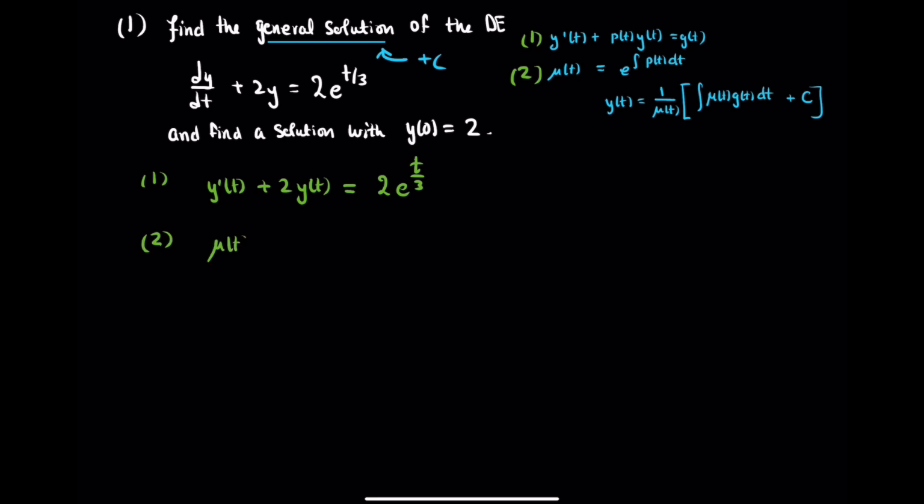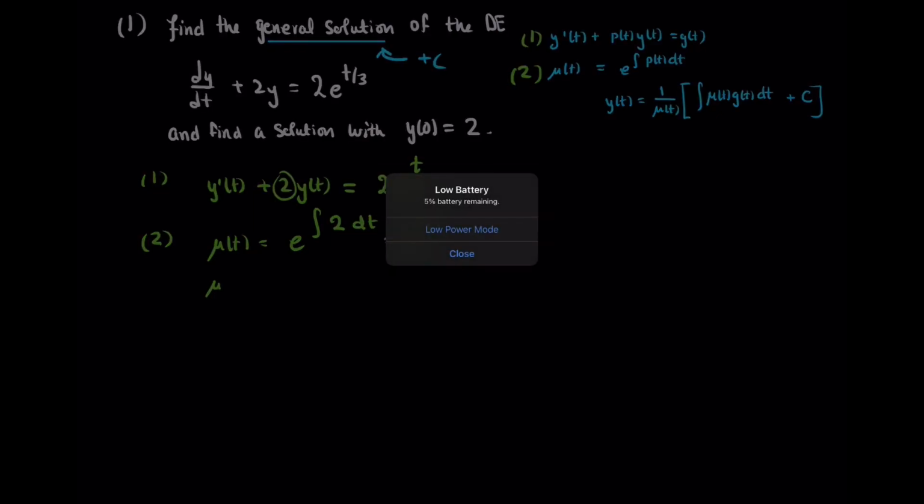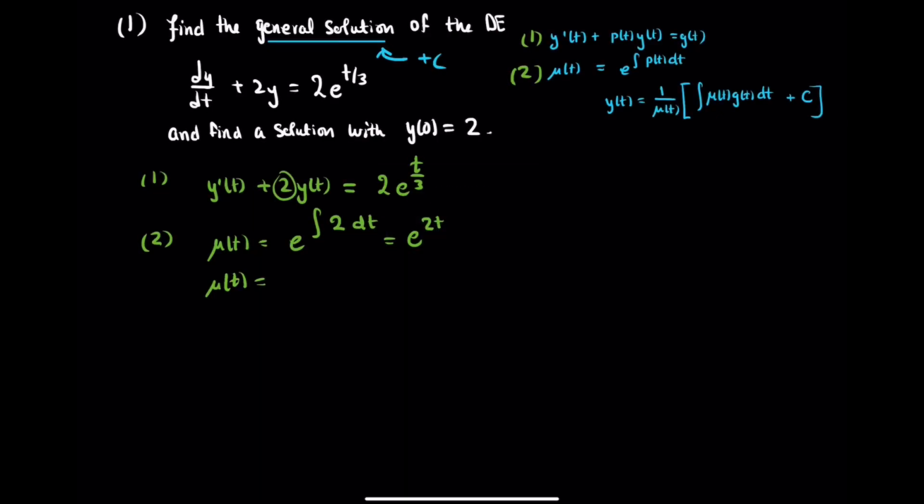So mu(t) equals e to the integral, and then p(t) is the coefficient of y(t), right? This thing, so that's 2 dt. So then e^(2t) is equivalent to your integrating factor, and my battery's running out, so let's just quickly do this. e^(2t), there you go, and then y(t) is 1 over mu(t), right?